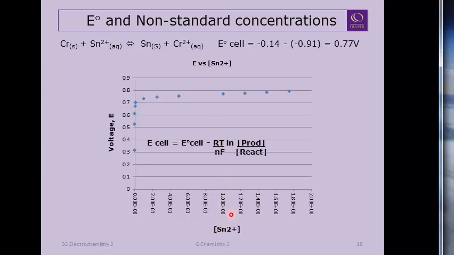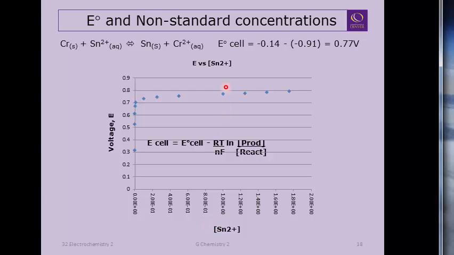Here's the tin 2 plus concentration of 1 molar, which assumes then that the chromium's at 1 molar. Well, at that point, as we suspect, the actual E cell for that is going to be exactly 0.77 volts.